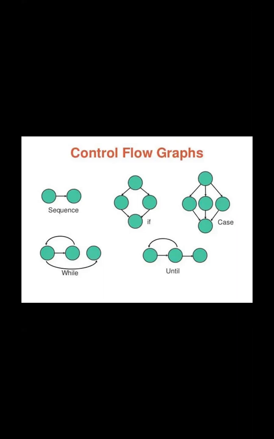Do the process once, then check the condition; that is called a while-do statement. And repeat-until means repeat the process until the condition fails. So whatever the statement, the corresponding statement will be represented using the control flow graph.